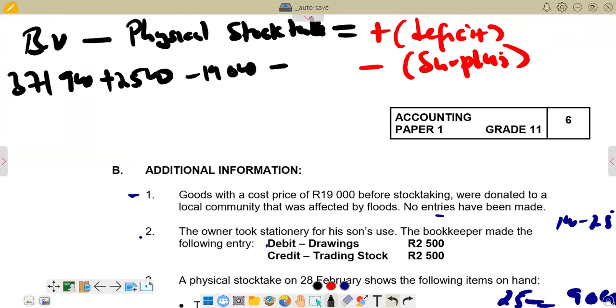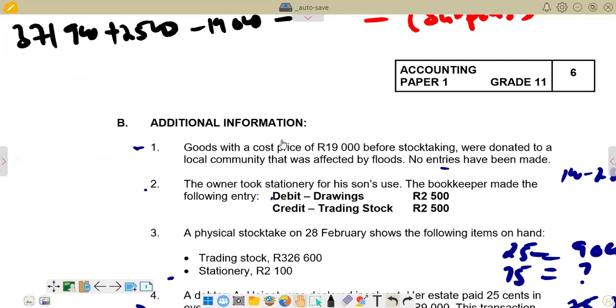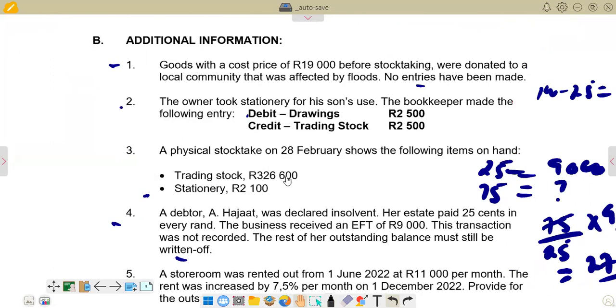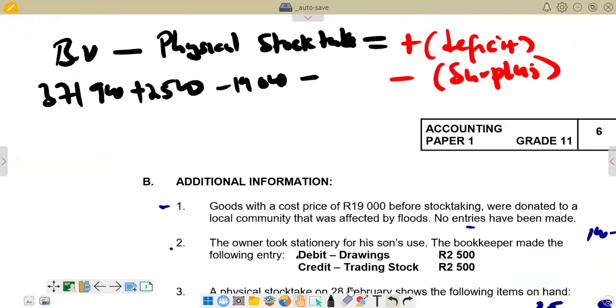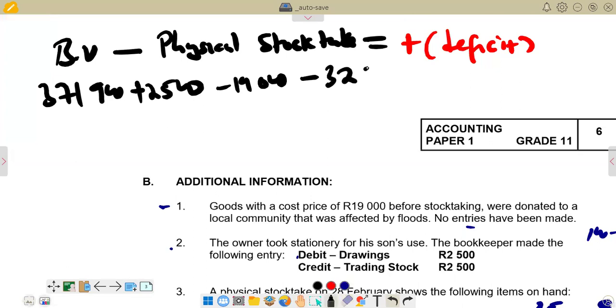Then we subtract now the figure for physical stock count, which is 326,600. So here we are saying minus again 326,600.